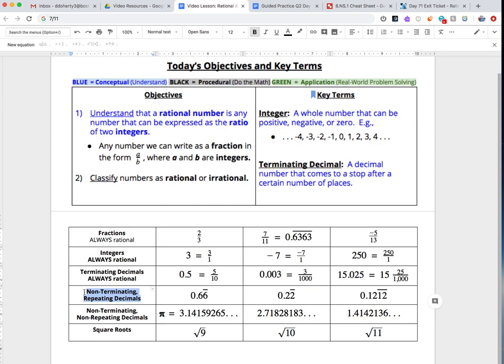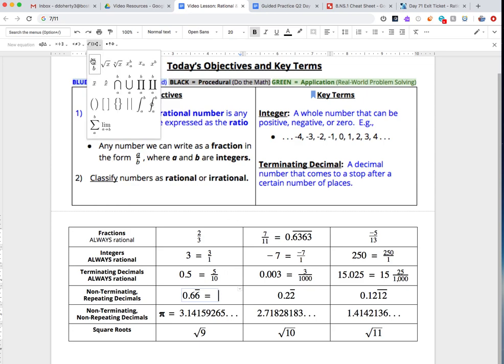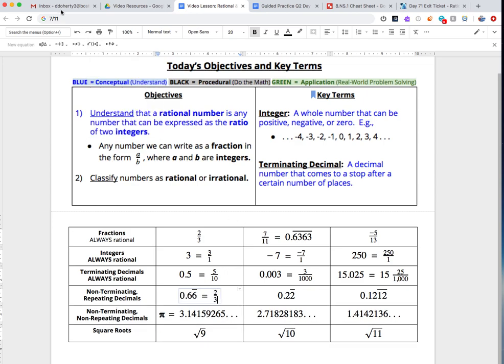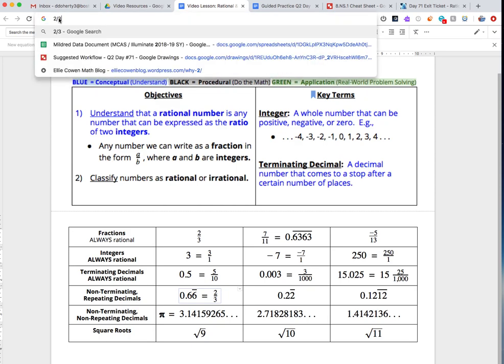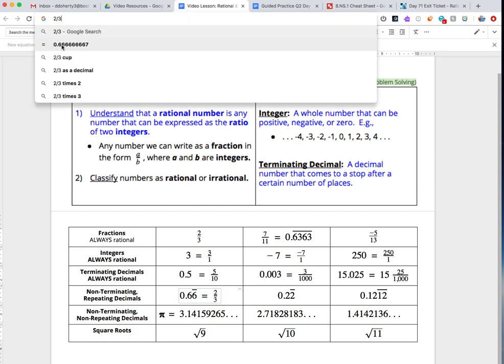A non-terminating decimal could be repeating. Non-terminating means it never stops, but it could be a repeating pattern. This looks like a familiar decimal to hopefully most of you, 0.66, where the 6 keeps repeating. As we saw up here, all of these repeating decimals actually came from fractions. The fraction 2 over 3, if I put it into my calculator, makes 0.6 repeating.